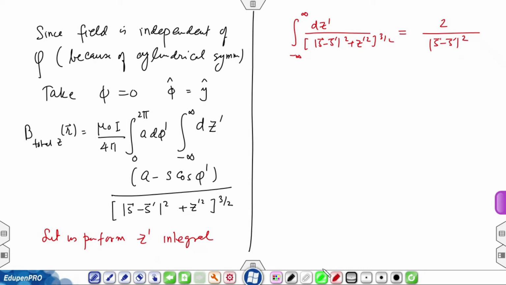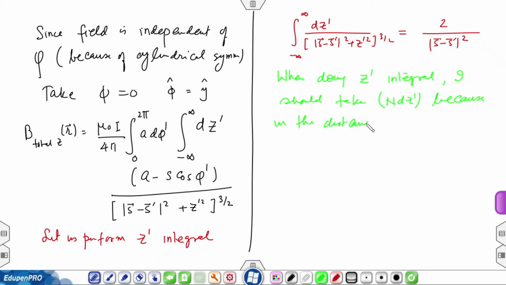Well, let me also remind you here, when doing the z prime integral, I should take n times dz prime, because in the distance dz prime there are n times dz prime terms.